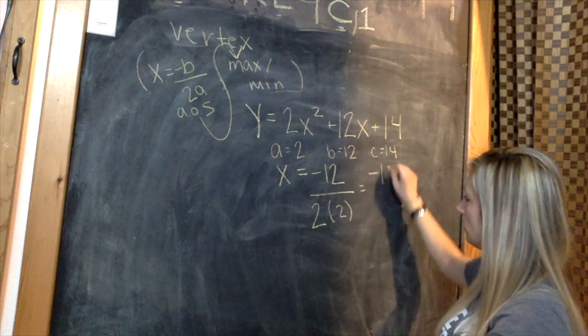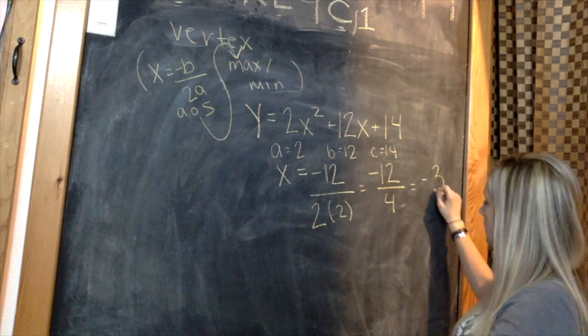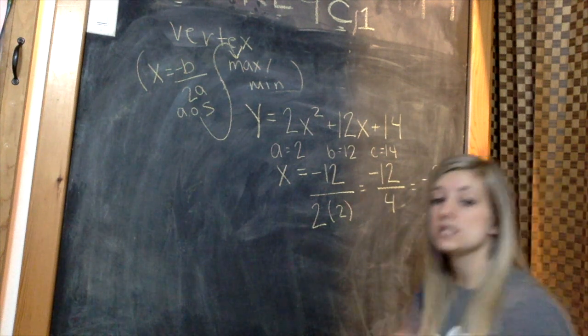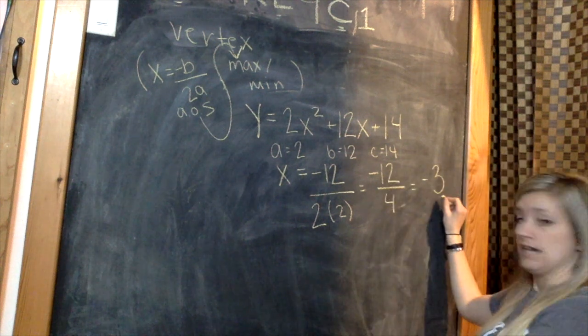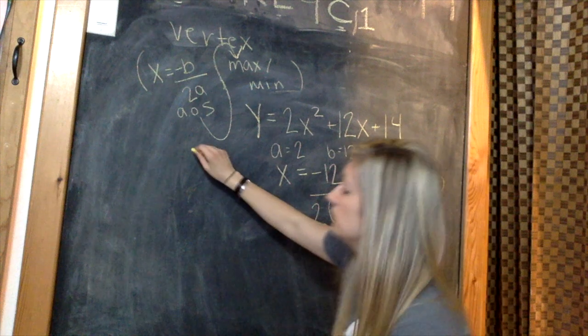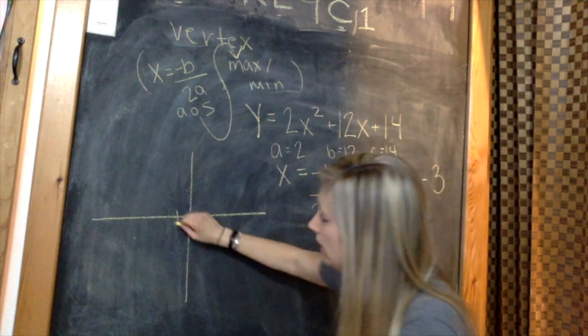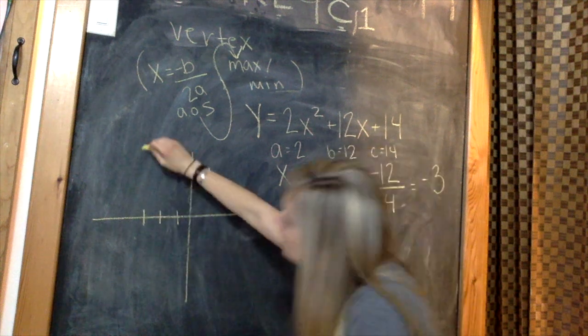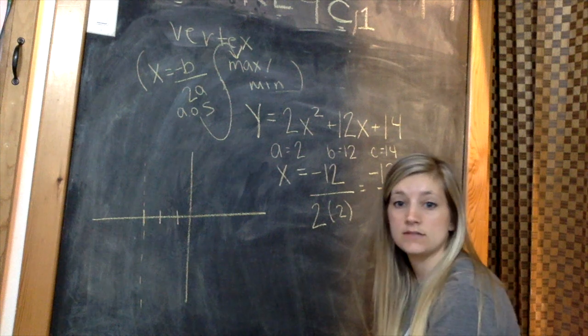So we have negative 12 divided by 4, which is negative 3. We just found out that our axis of symmetry is negative 3. So our parabola is being folded in half at x equals negative 3. 1, 2, negative 3, so right here, that's where our axis of symmetry is.